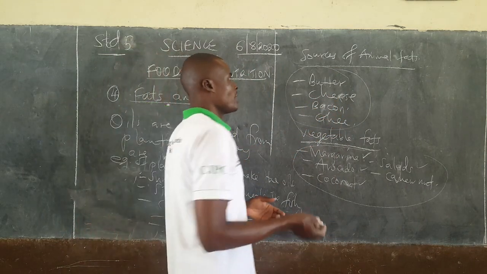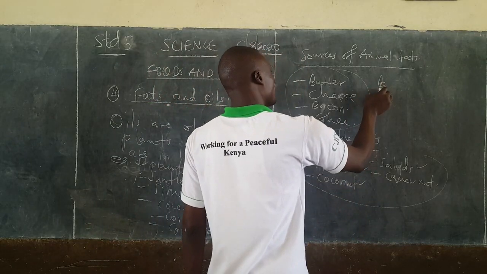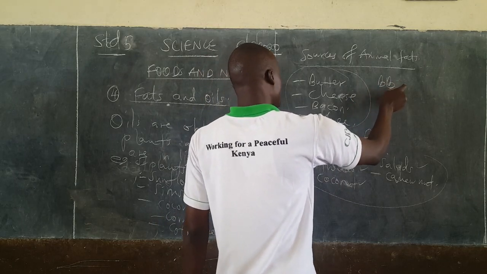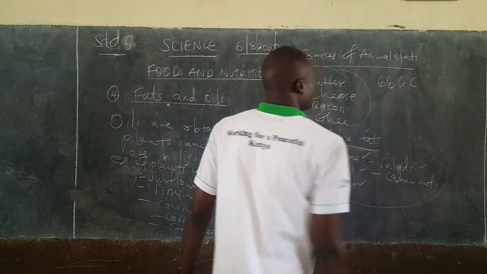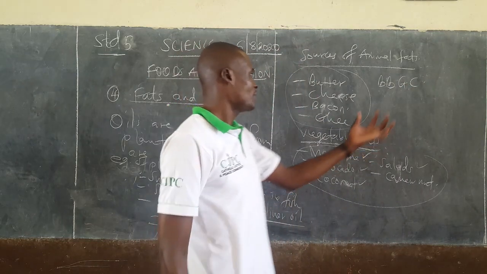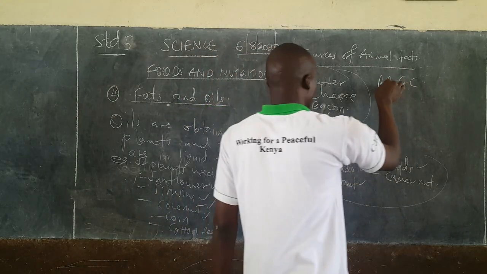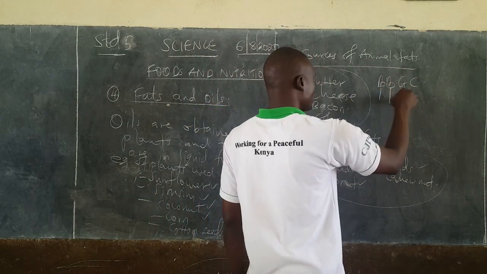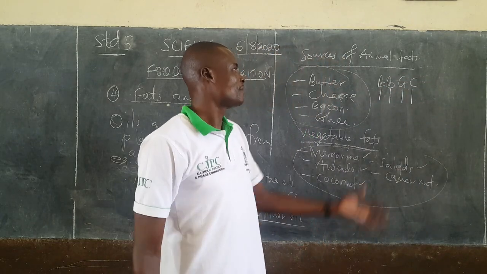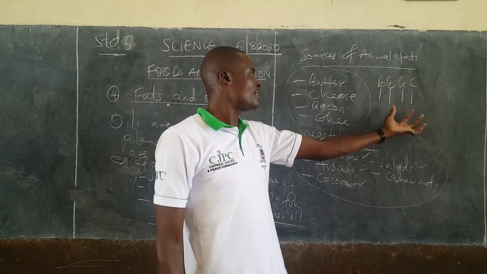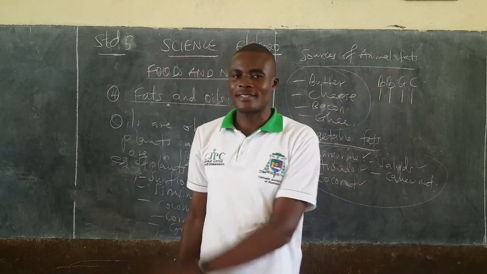If I were you, I could say that the sources of animal fats, you can remember as BBGC. That is butter, bacon, ghee, and cheese. As simple as that. Those ones are examples of animal fats.